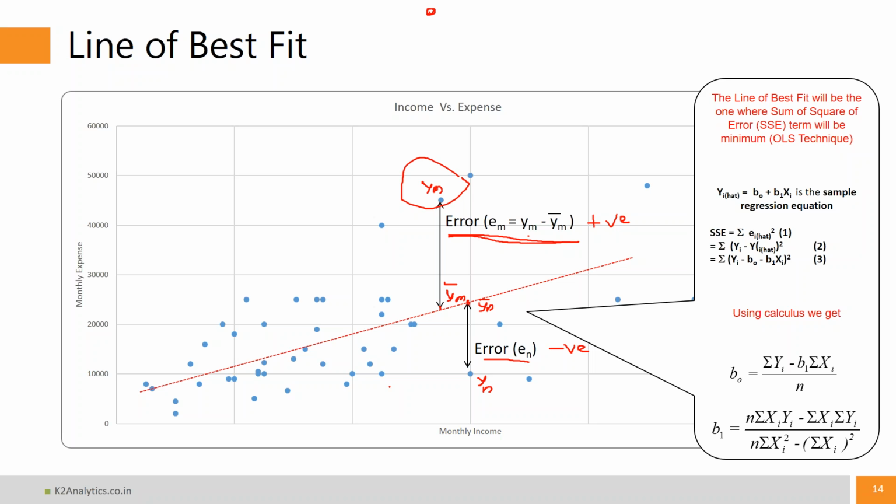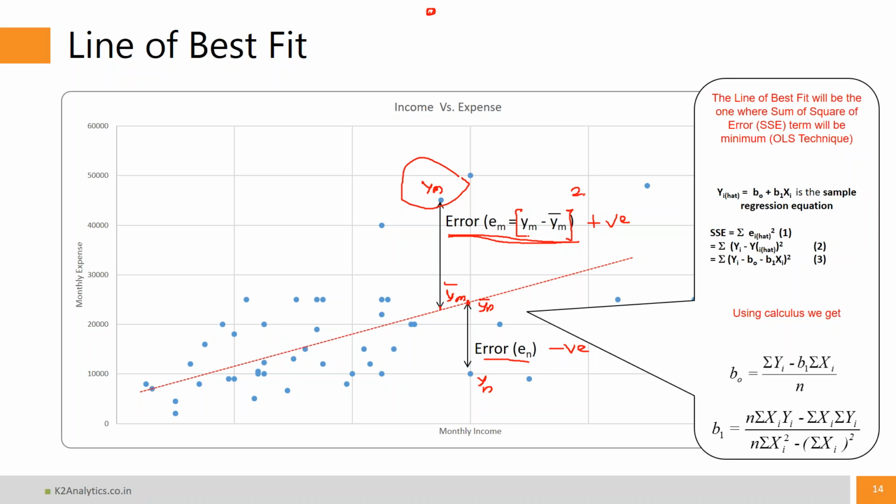So the right approach of getting error is not to take this difference directly, but to square this difference. This is the gap, but when you compute error, you have to square it. By squaring, what do you achieve? You have values as positive.